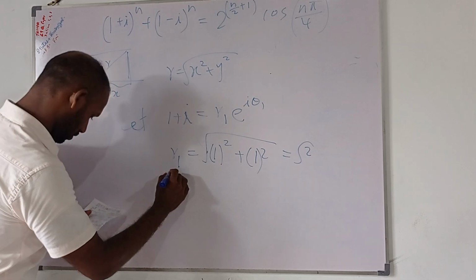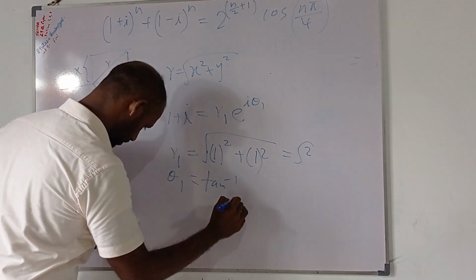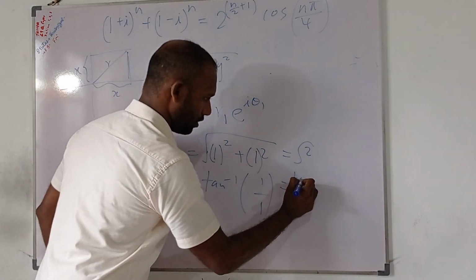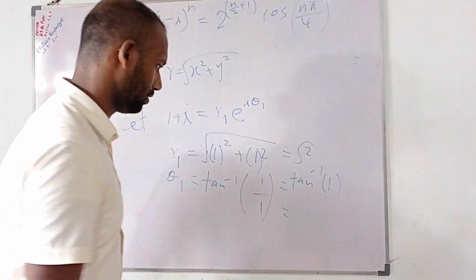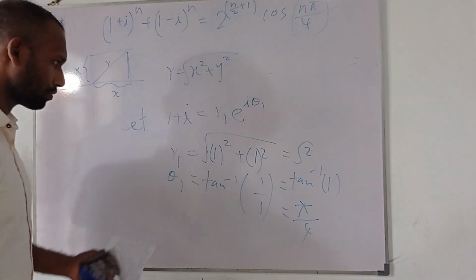So theta 1 equals tan inverse 1 over 1, tan inverse 1. So pi by 4.